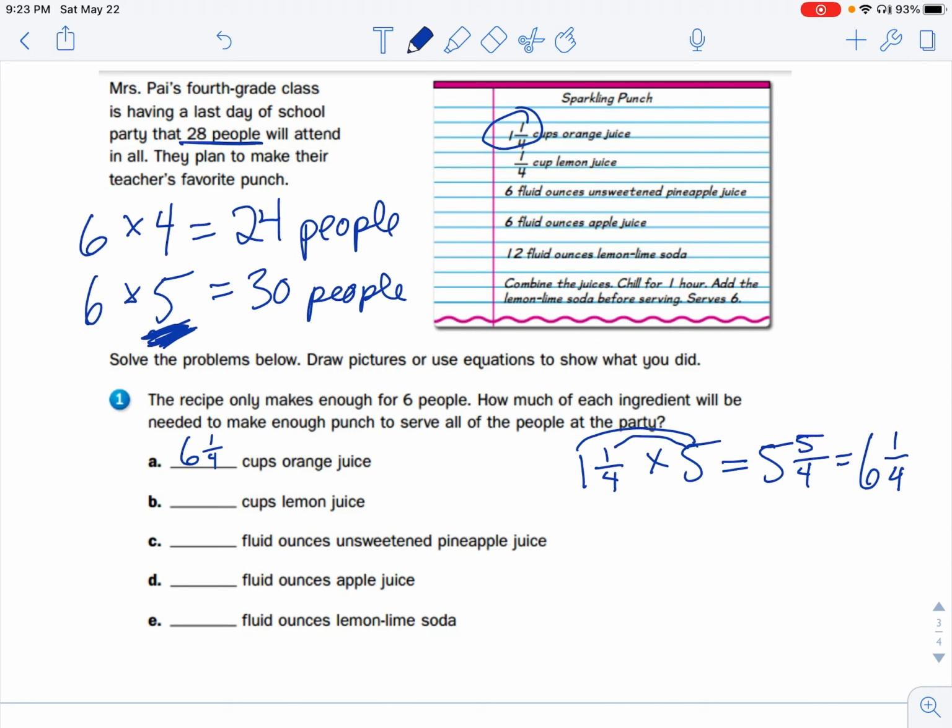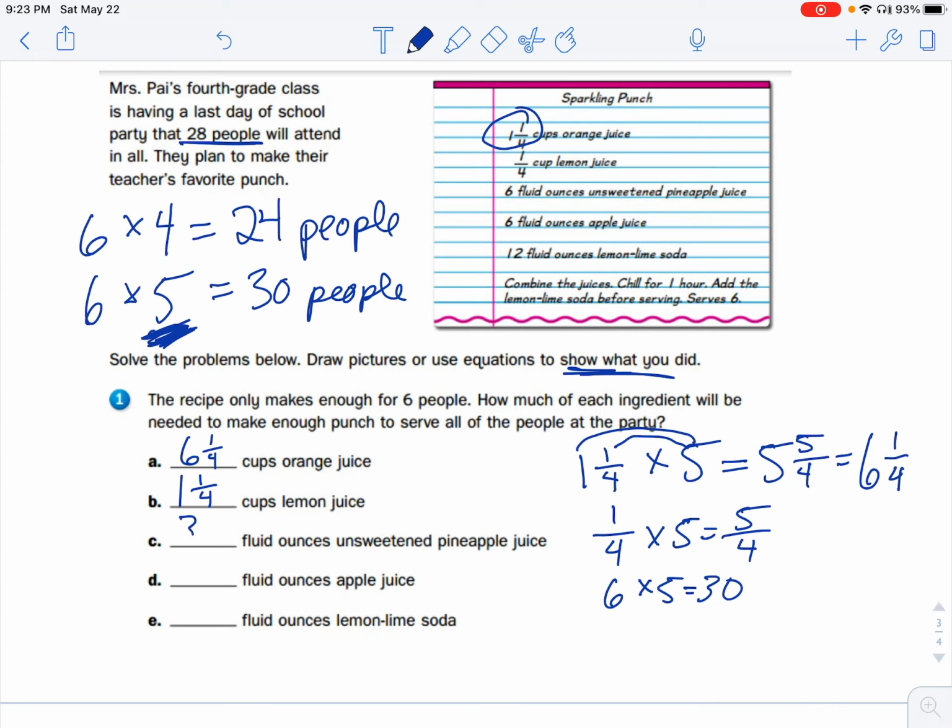Okay, so lemon juice. I'll show all my work because it said to show what you did. You had 1/4 cup times 5 would be 5/4. You're allowed to leave it in improper fraction, but I'm going to convert to 1 and 1/4. Unsweetened pineapple juice was given in fluid ounces, and there were 6 of those times 5 servings is just going to be 30.